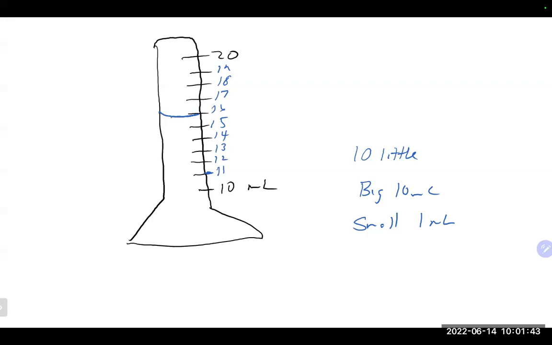And by the way, when we put a liquid in a glass cylinder, you always will see this curvature, exaggeratedly drawn there, of the liquid. This is known as the meniscus. You should always take a reading from the bottom of the meniscus in most cases.